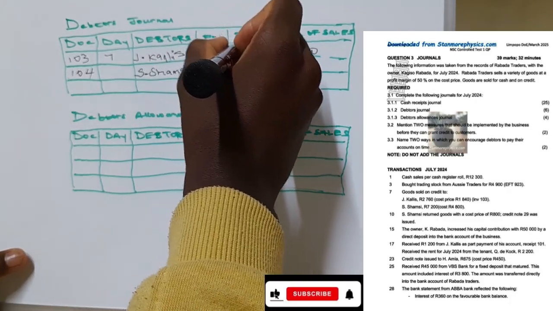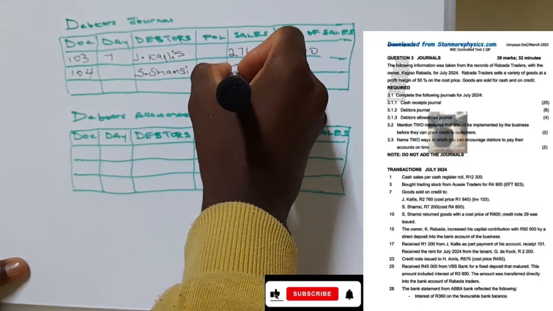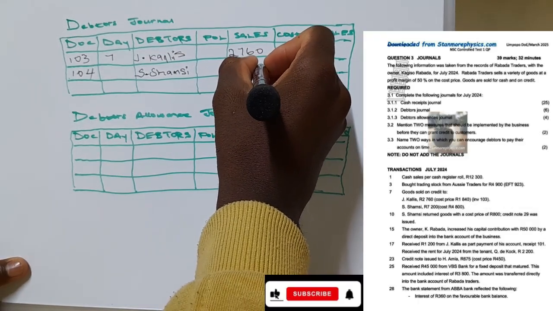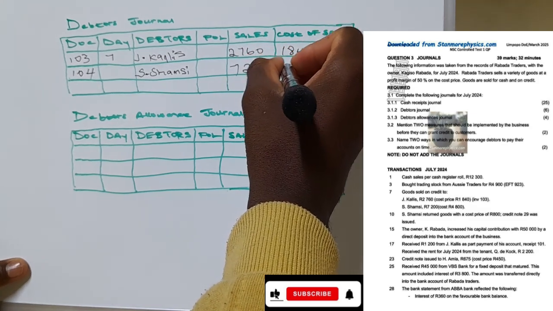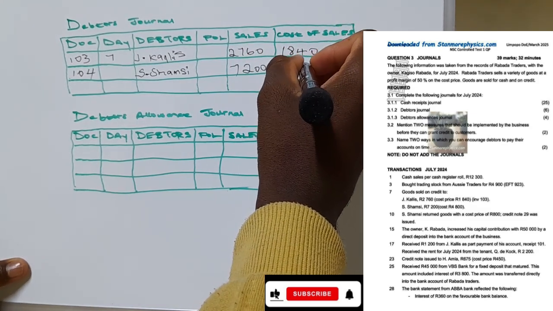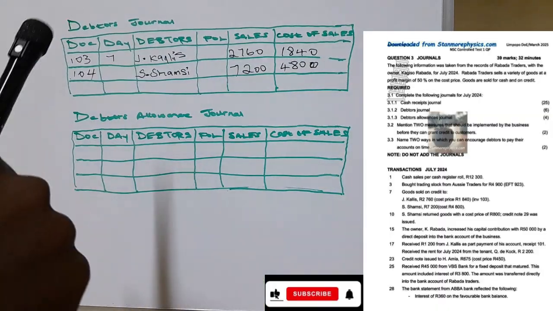And then the sales amount is 7,200. Then the cost of sales is 4,800. So yeah, we are done with this one.